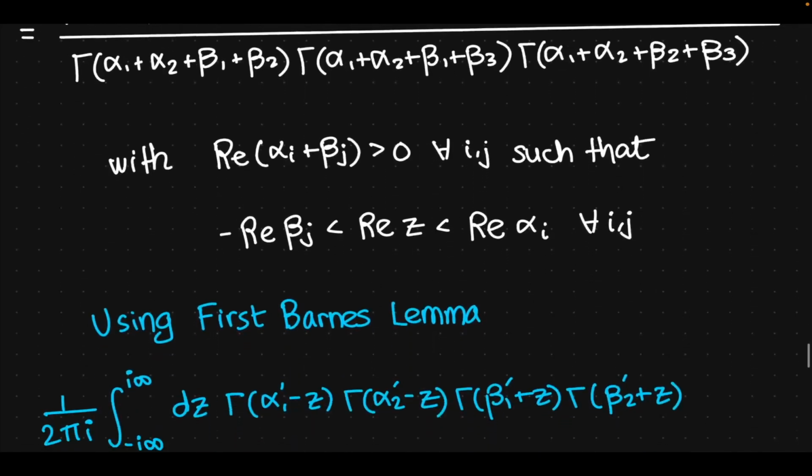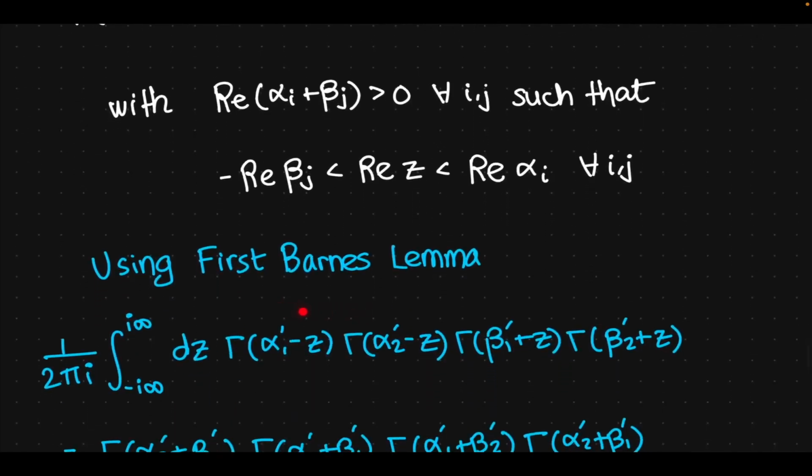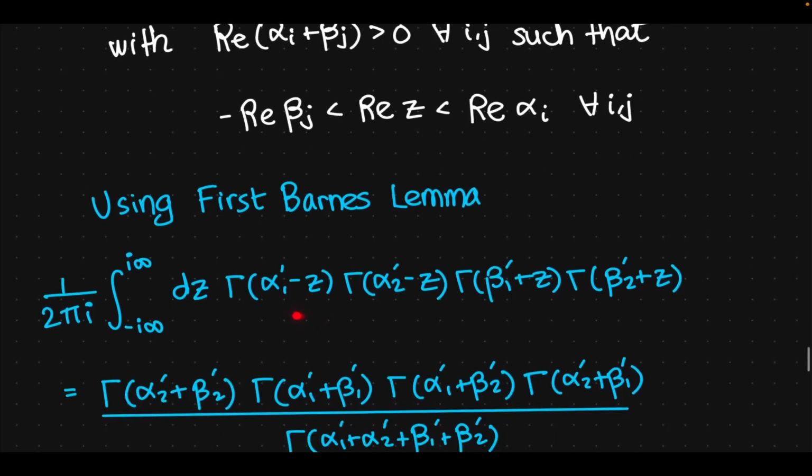Okay, so first of all, let's recall the first Barnes lemma, because we're going to use that extensively. And I mean that when I say that. So we have 1 over 2 pi i times the integral from minus i infinity to i infinity dz, gamma of alpha 1 prime minus z, gamma of alpha 2 prime minus z, gamma of beta 1 prime plus z, gamma of beta 2 prime plus z.